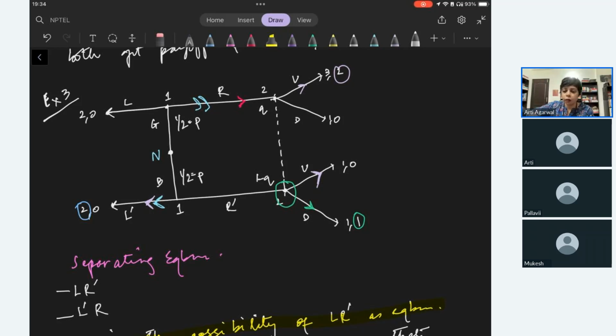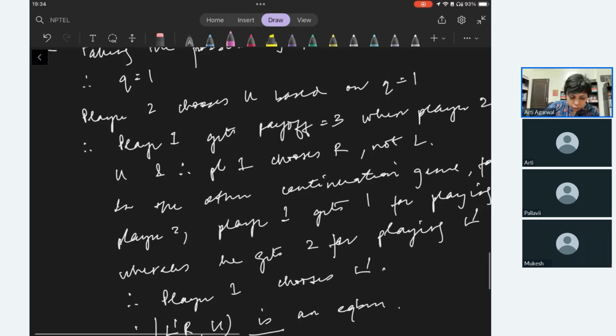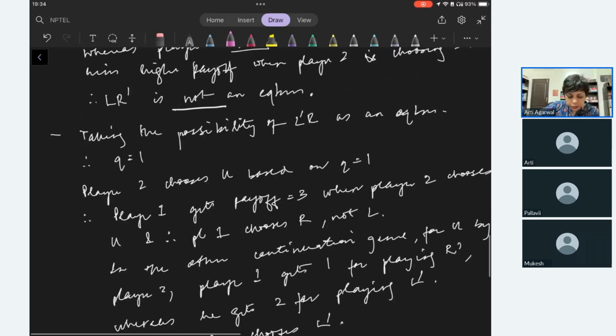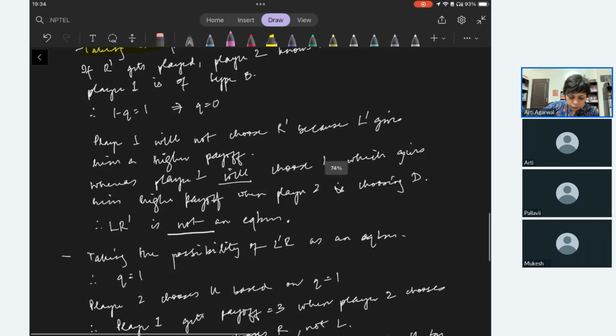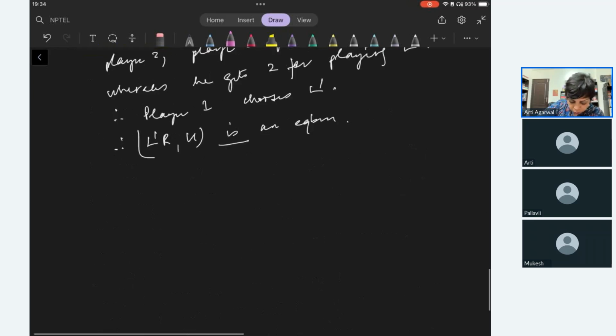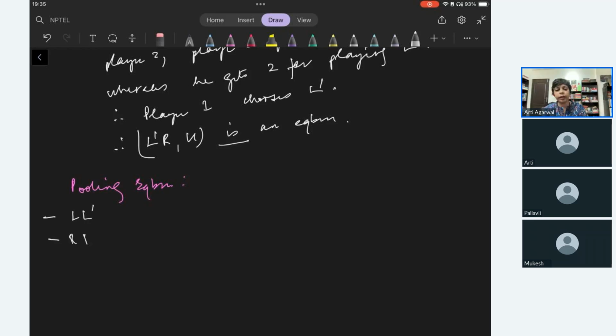So there are two types of pooling equilibria: L prime and R prime. L prime is when both types play the strategy L or L prime in equilibrium, and R prime is when both types play R or R prime in equilibrium.